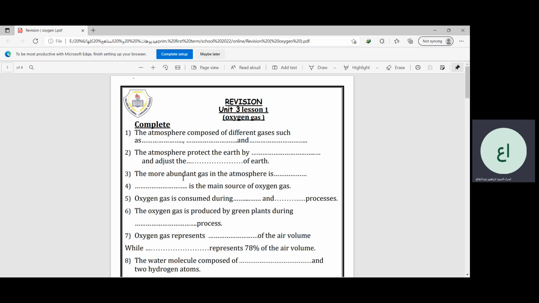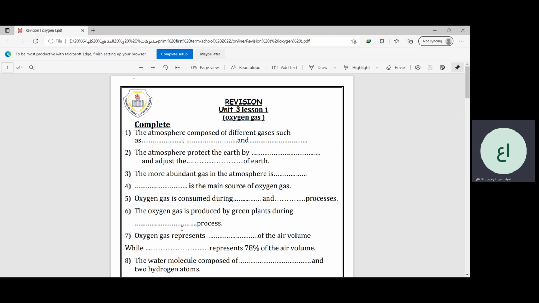This is what I just said. Oxygen gas is produced by green plants during photosynthesis process. What does the green plant need to do photosynthesis? It needs 3 things. The first one, sunlight from the sun. Number 2, carbon dioxide from air. Number 3, water and mineral salts from soil.